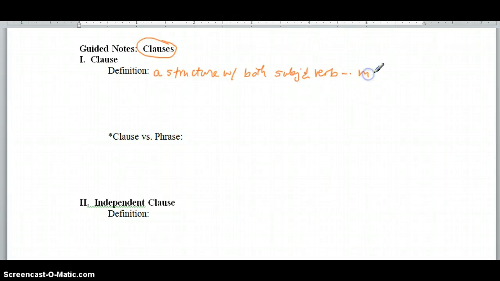It may contain modifiers. So you can examine the structure within the clause. It may or may not stand alone as a sentence.